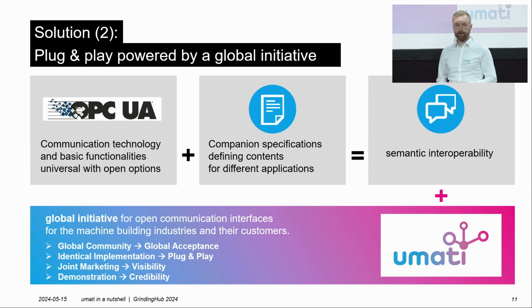That can be done via joint marketing and creating sort of a credibility of the whole approach. This can be done by creating, for example, a demonstration, live applications which everybody can use and test by themselves.